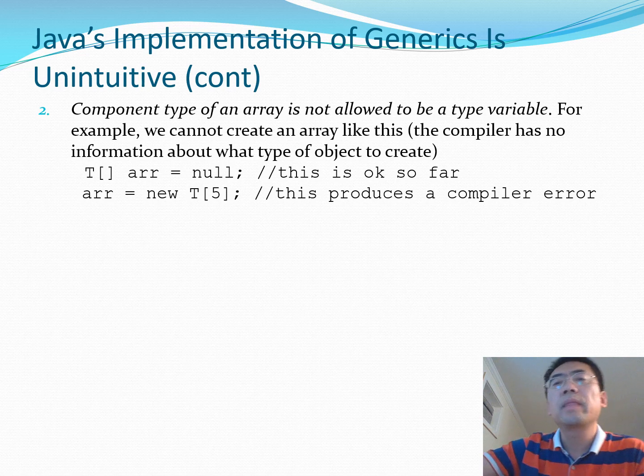Another thing that is not so intuitive is that the component type of an array is not allowed to be a type variable. We can say T[] arr is null. This line compiles. But when you really create an instance by saying arr equals new T[5], meaning you want an array of T with size 5, this line does not compile.